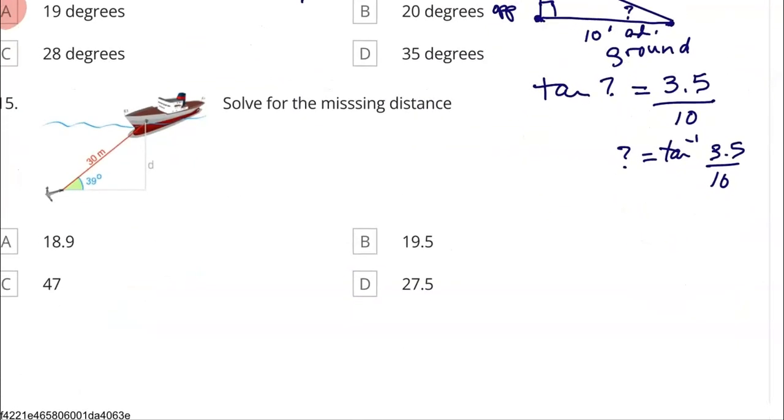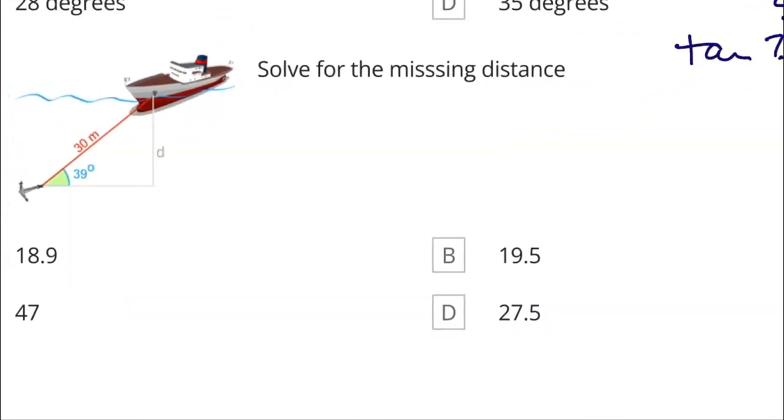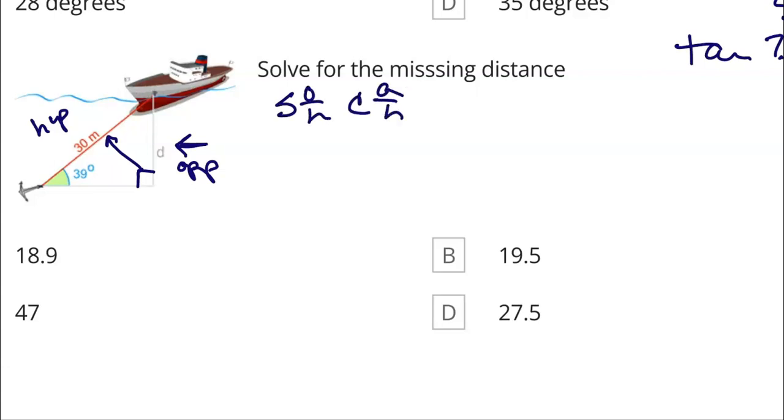Okay, up to 15. Solve for this missing distance. So what's missing? This D right here. I have an angle. The distance is opposite. The 30 meters is the hypotenuse because I'm assuming this is a right angle and that's across from it. So if I need to get opposite and I've been given hypotenuse, then I should be using sine.